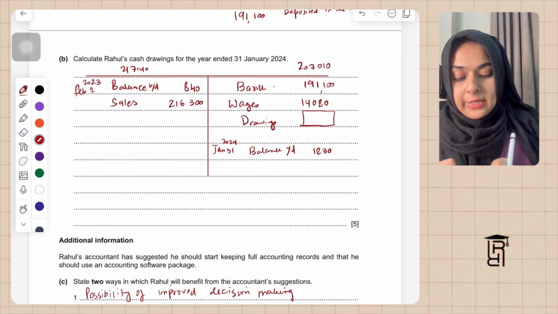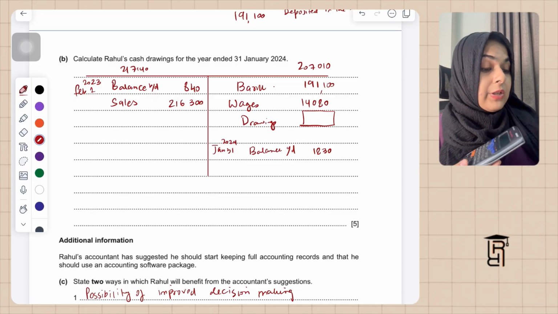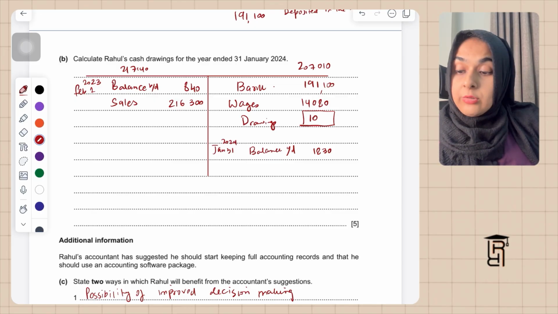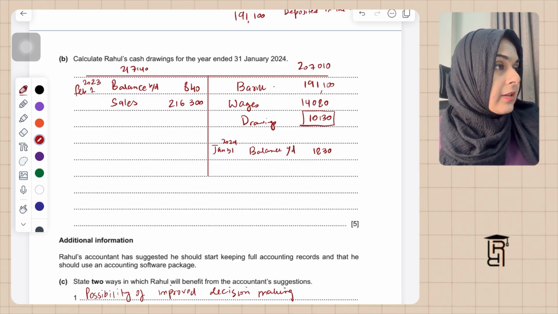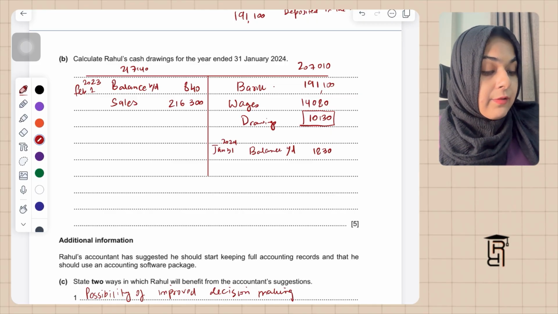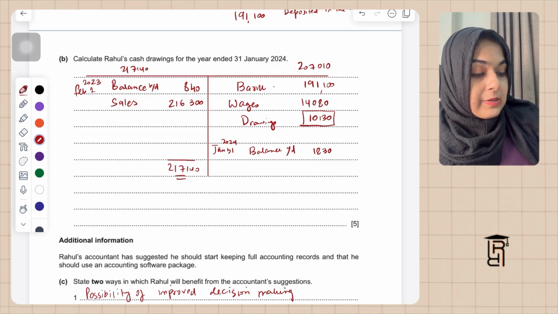So 217,140 minus 207,010 is going to give me 10,130. This is my total drawings. This is what I have taken out as cash drawings for the current year, and I'm going to total this T account 217,140 on both sides.